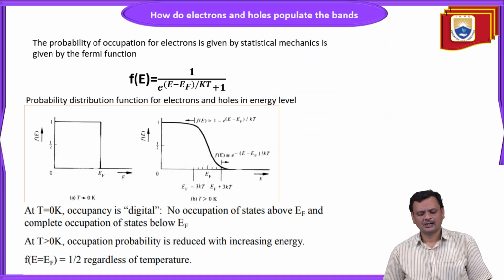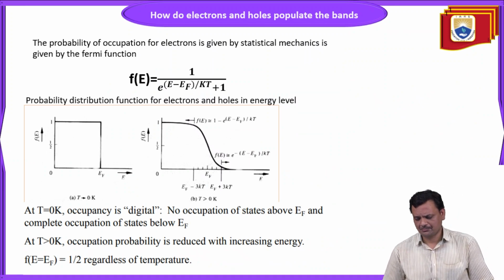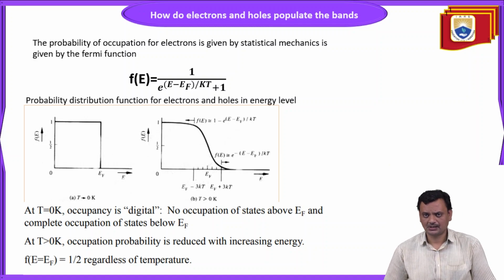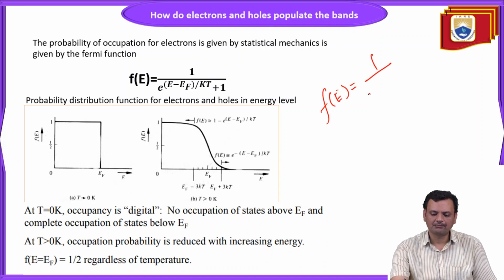So see here, the probability of occupation, or probability distribution function, for any charge carrier to occupy the energy level E is given by F(E) equal to 1 upon e to the power (E minus EF) by kT, plus 1.